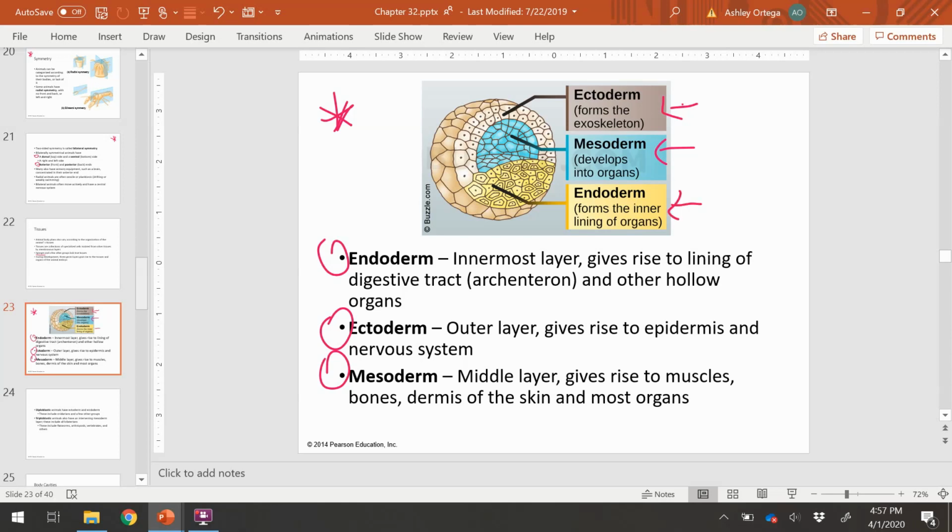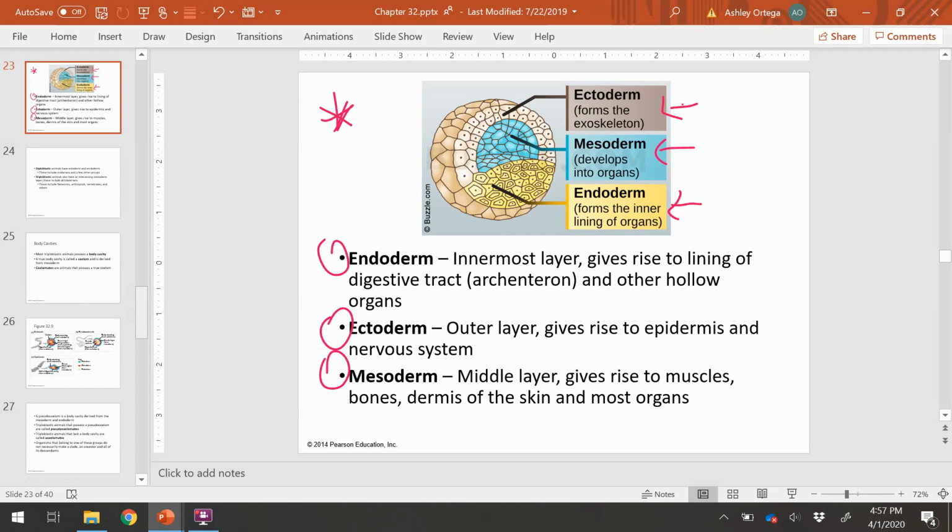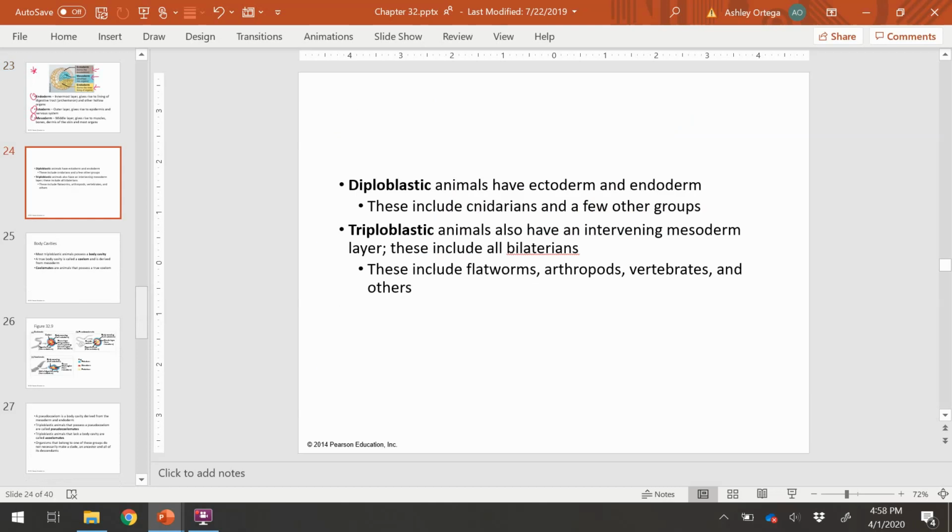All these are going to slightly vary based on the animal you look at, but you do want to know which these three are, where they are, and what they give rise to for humans, which is noted here. In terms of these germ layers, some animals will have all three, and those are going to be called triploblastic.